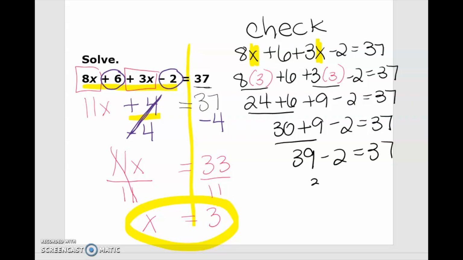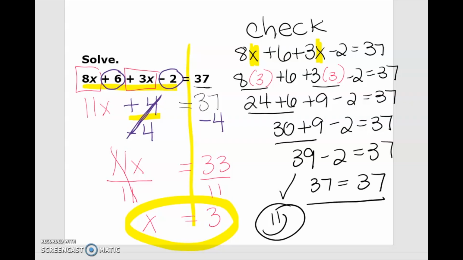And 39 minus 2 is 37. As soon as we see that both sides are the same, we know, yay, we have the problem correct. So we're ready to move on to the next problem. Again, we always have to check our work.